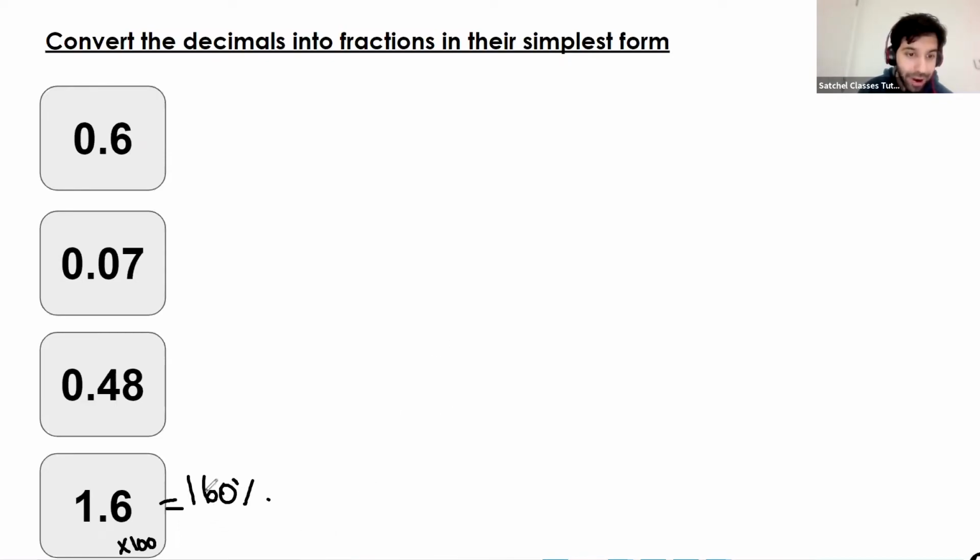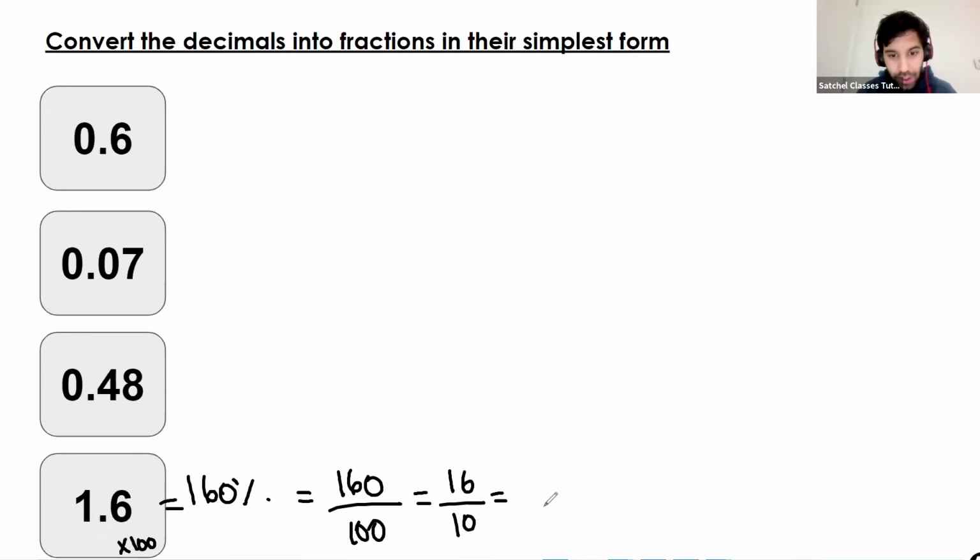Now, we can rewrite 160% as 160 out of 100, 160 per 100. Now, if I was to simplify this, what I will get is 16 over 10, which is the same as 8 over 5.